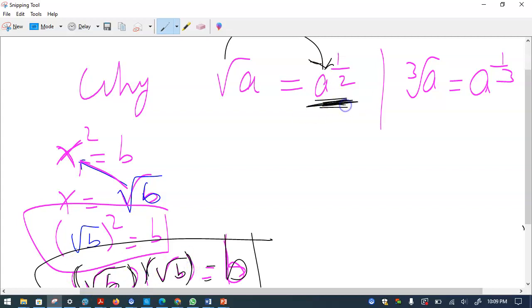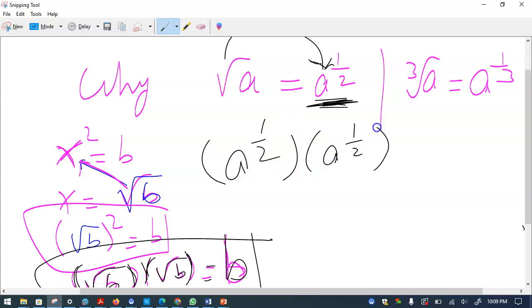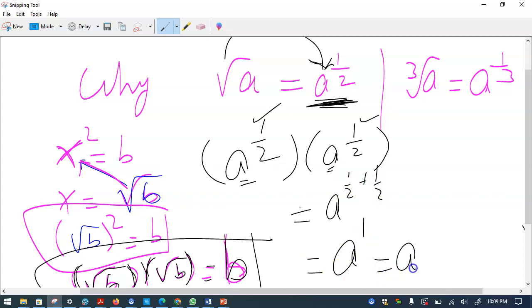Let's check: multiply a raised to half by a raised to half. We know from the laws of exponents that the base you write only once and the exponents you add up, so you get half plus half, which is a raised to 1, and that is a.